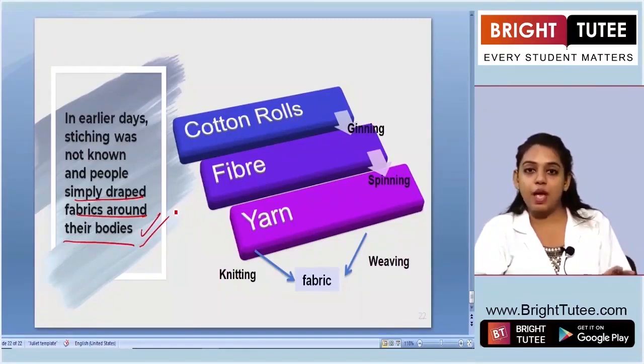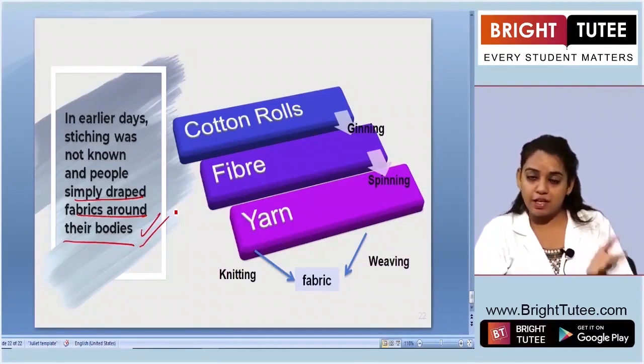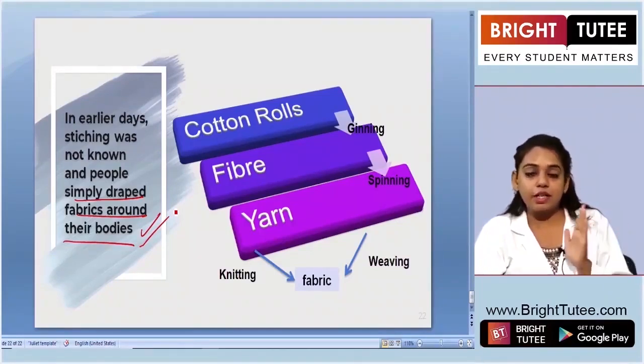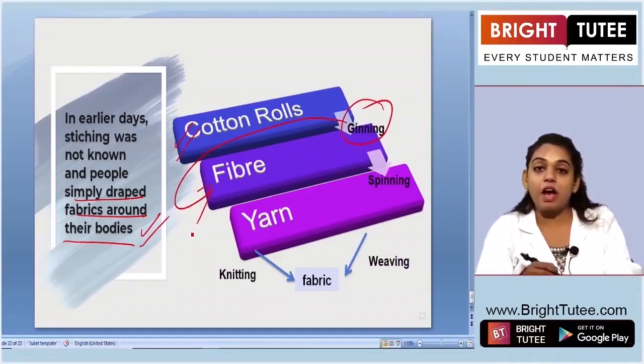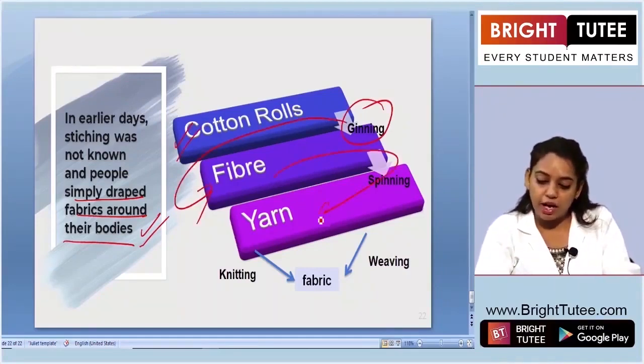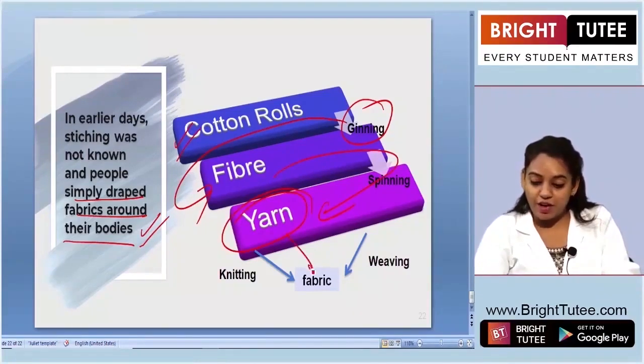In this chapter we have discussed different types of animal and plant fibers, that is natural fibers. Then we studied synthetic fibers, and we studied that from cotton bolls, after ginning you obtain the fiber, then after spinning the fiber you obtain yarn, then again yarn is converted into fabric, and by which methods?